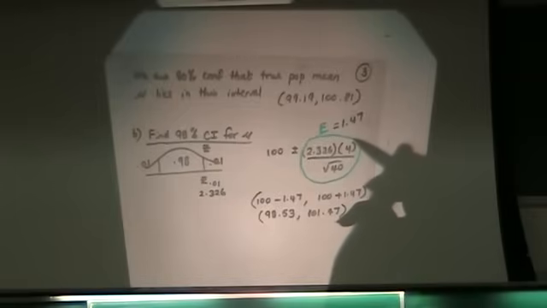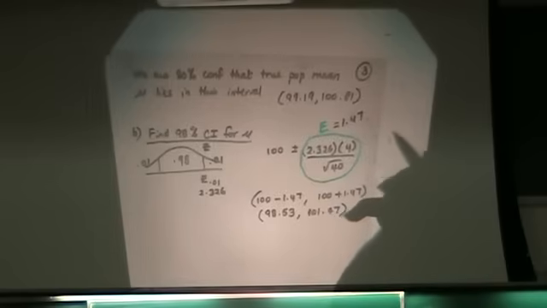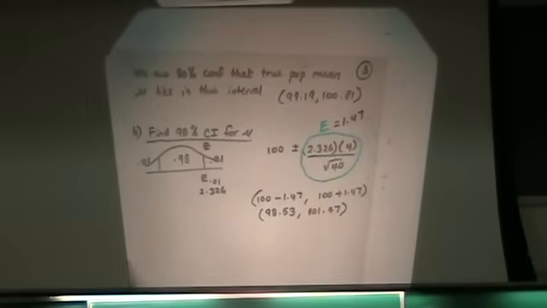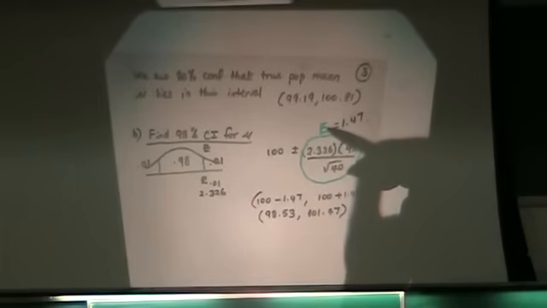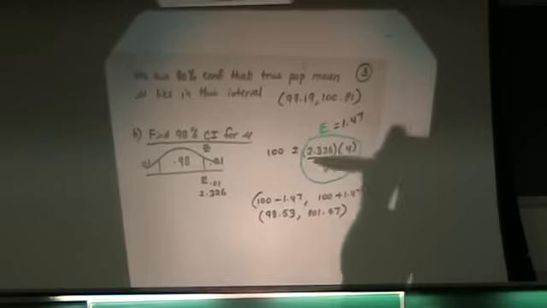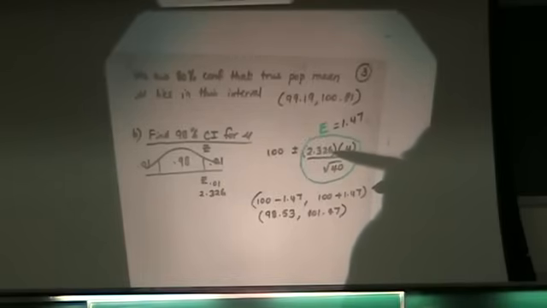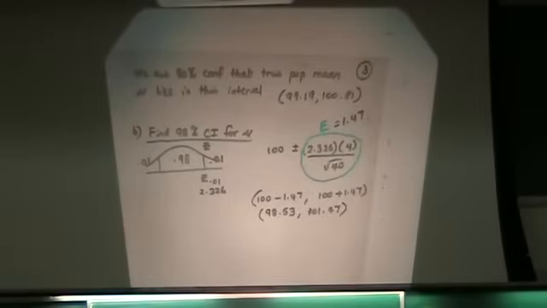Compare the answers to A and B. The level went up, the interval gets wider because the E gets bigger, because the Z alpha over 2 gets bigger as the confidence level goes up. Because as the confidence level goes up, you're more into the tail of the distribution, and as you get into the tail of the distribution, the Z alpha over 2 is getting bigger, right?